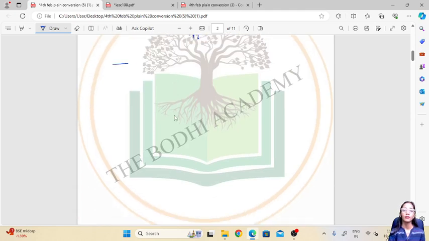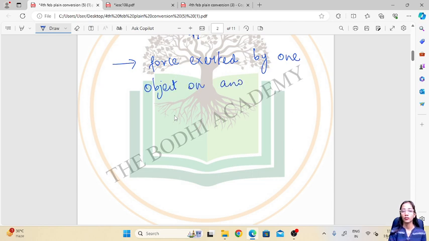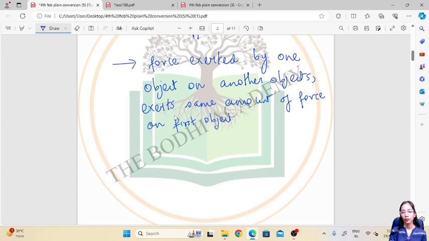So we understand that force exerted by one object on another object, which exerts the same amount of force, is opposite in direction.